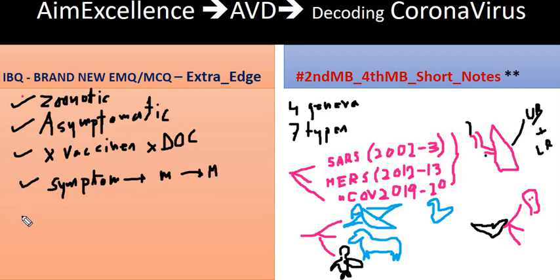But among the severe respiratory syndromes, most lethal is pneumonia, and alongside pneumonia, another thing that is seen is bronchitis.